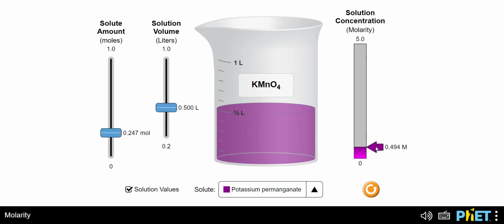That's the same ratio, and you can see where it hits the 0.5 molar mark. 0.25 divided by 0.5 is 0.5 molar. Okay, if I lower the concentration now, it becomes saturated. If I increase the amount, it becomes saturated. So these two things are connected.